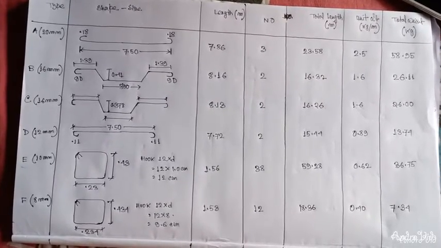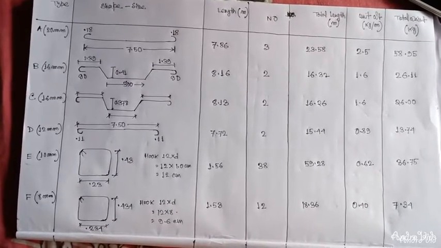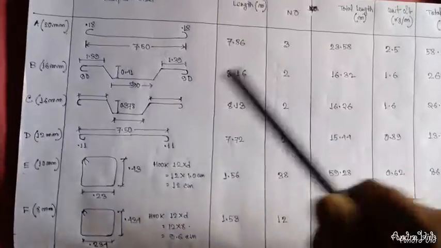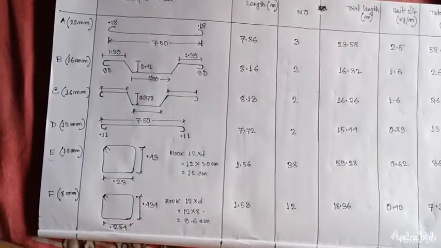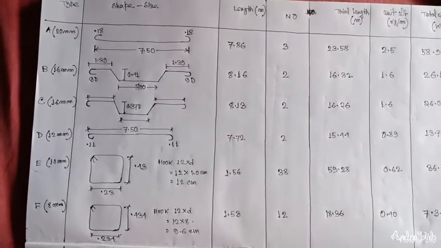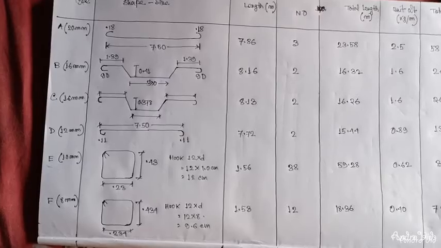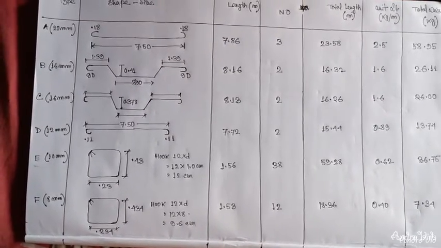So from our provided problem in the last video, the first bar is type A bar. This is the shape of this bar. Straight length that we have already calculated is 7.5 meter, and hook length is 0.36 meter for two hooks. It means 0.18 meter for a single hook.